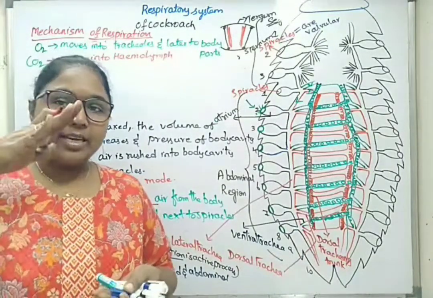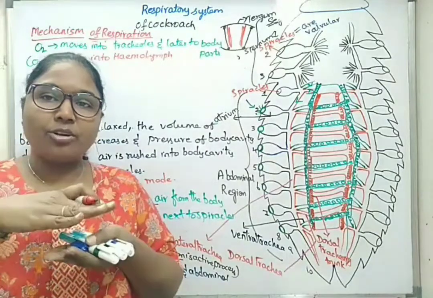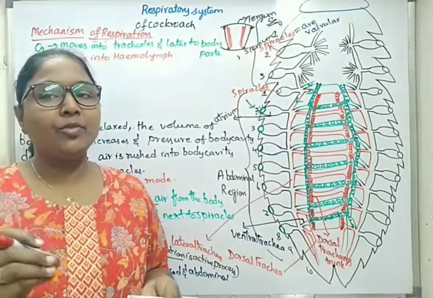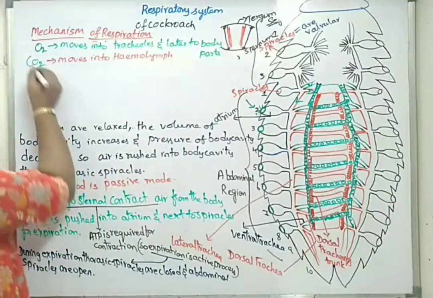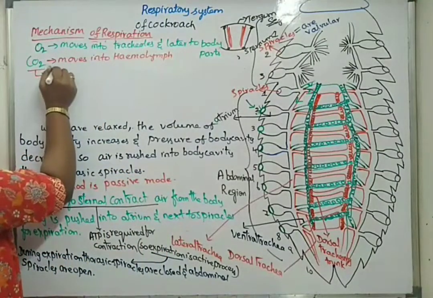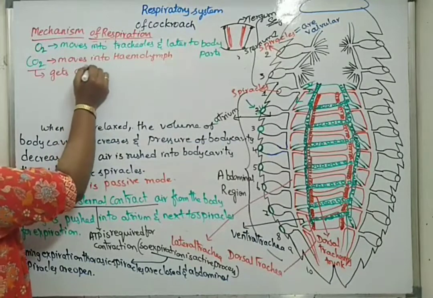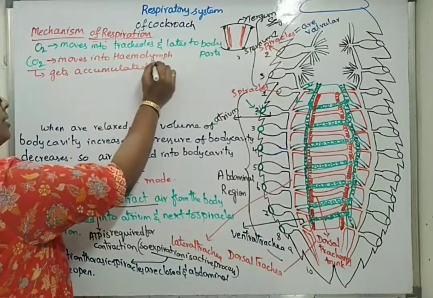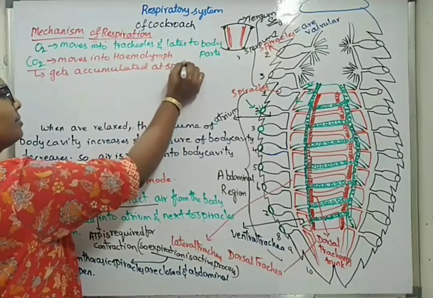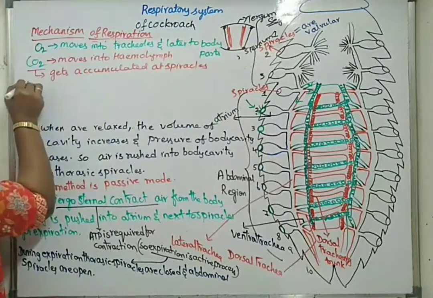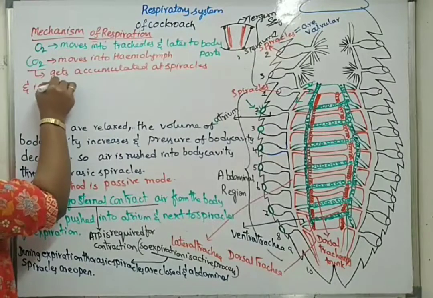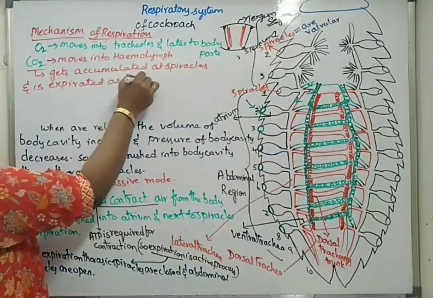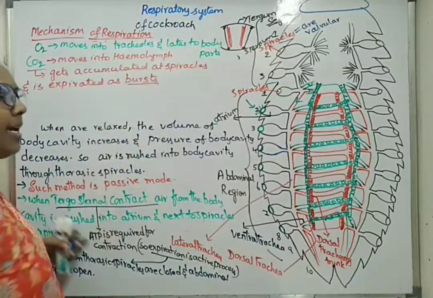So when the tergosternal muscles are contracted, then suddenly this CO2 will be expirated from the body in form of bursts. CO2 gets accumulated at spiracles and is expirated as bursts.